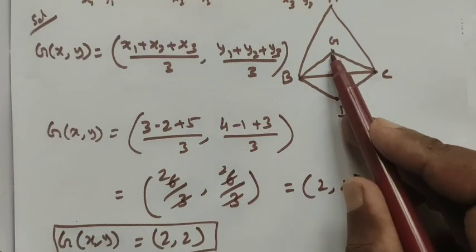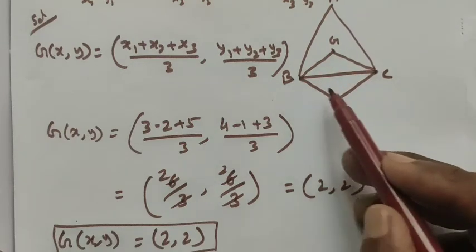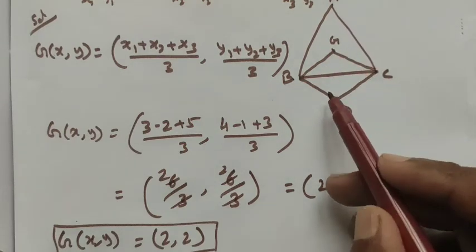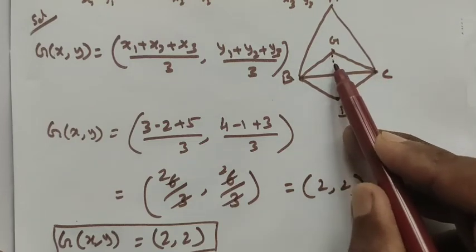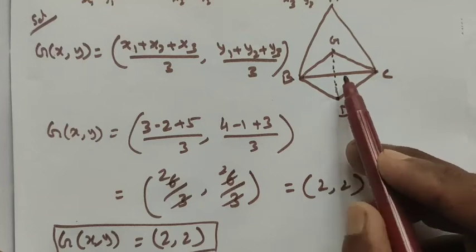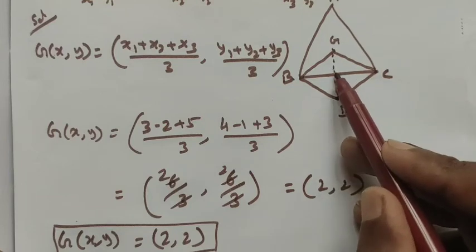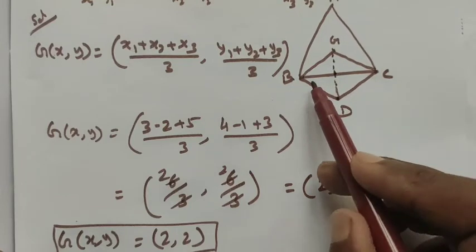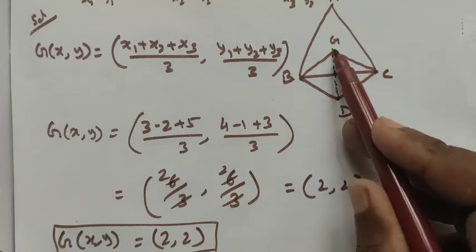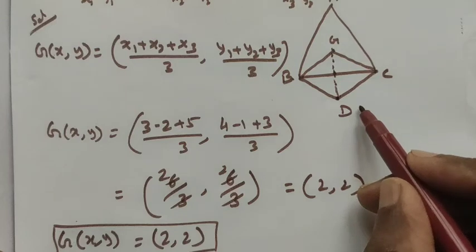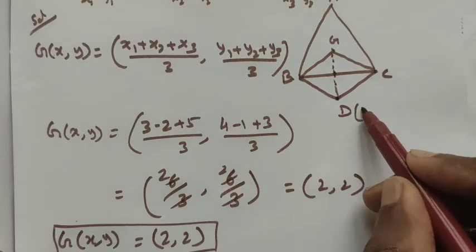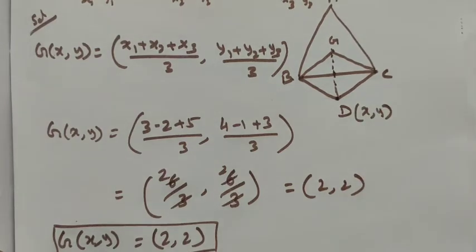Now this is given as a parallelogram. BDCG is a parallelogram, which means the diagonals bisect each other at the midpoint, right? So the midpoint of BC is equal to the midpoint of DG. We have to use the midpoint formula. Here the unknown value D, let me take it as x comma y.